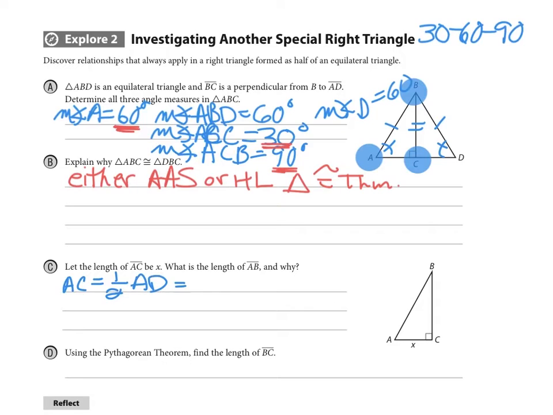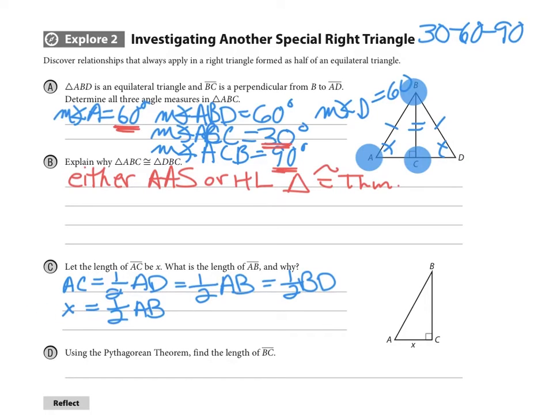So if AC is 1/2 also of AB, which is half of the length of BD, okay, then x gets set equal to half the length of AB. And remember, we can plug in any of these sides, AB or BD, in the place of what AC is half of, because all three sides of our triangle are congruent because it's an equilateral triangle.